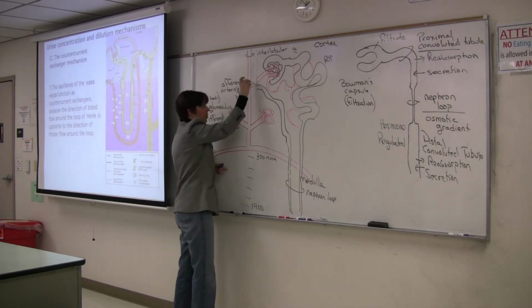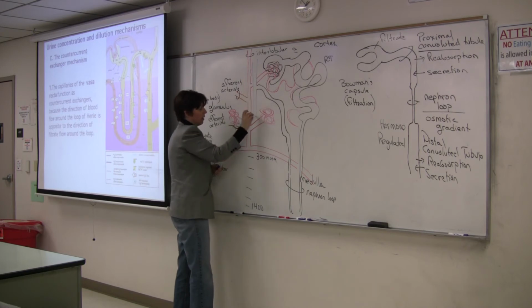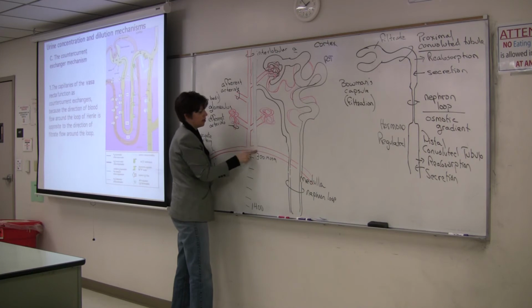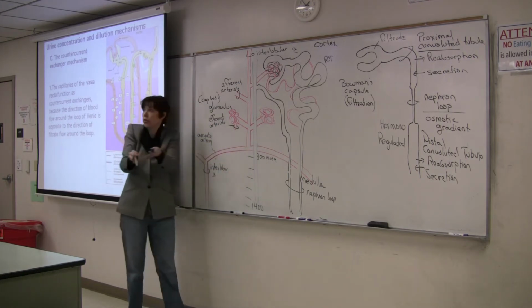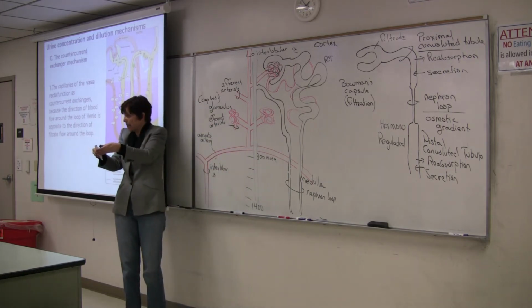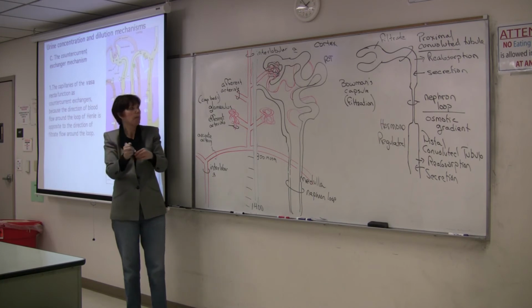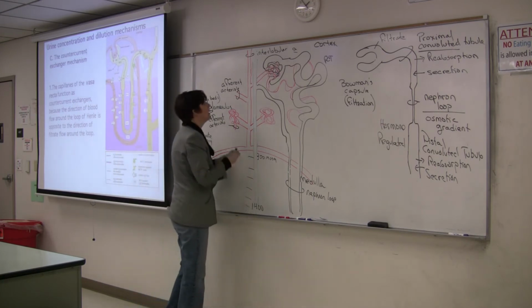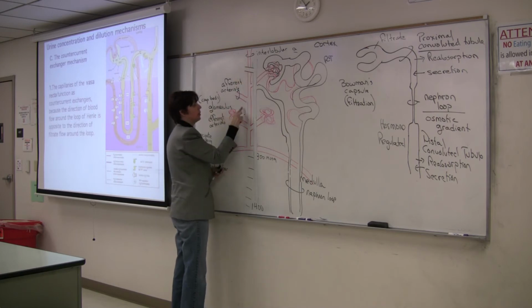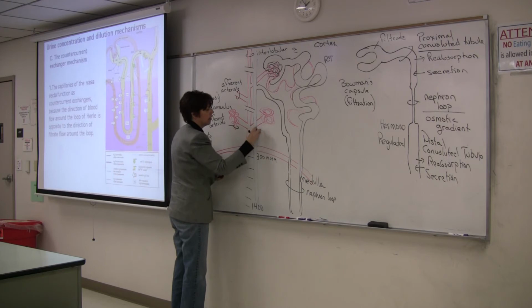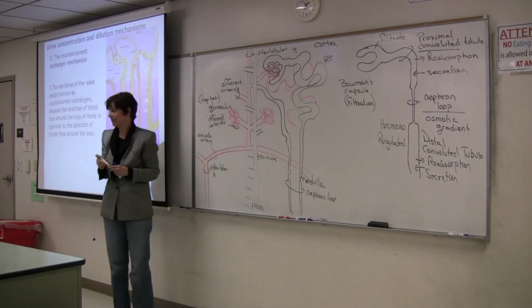So we have an additional tube that starts in the cortex and passes all the way down to the papillary openings at the tip of the pyramid. Multiple nephrons, multiple distal convoluted tubules will dump their filtrate into the collecting duct.